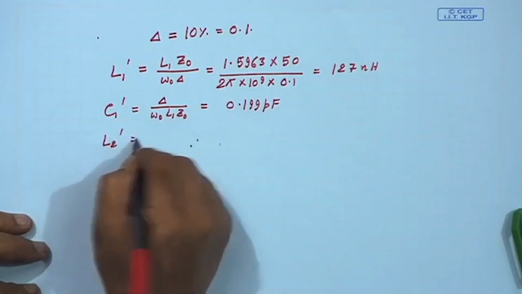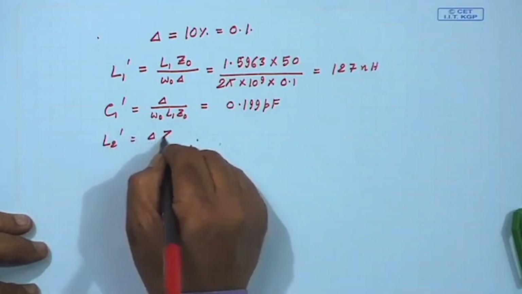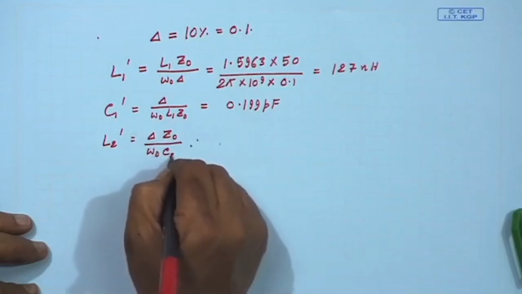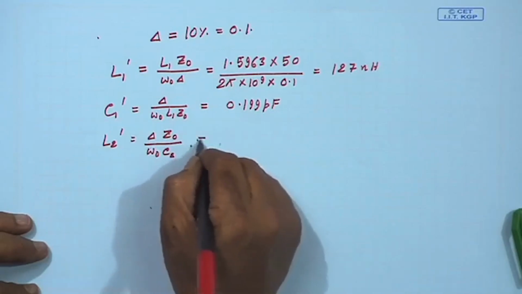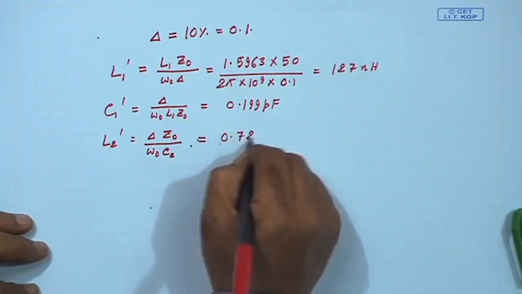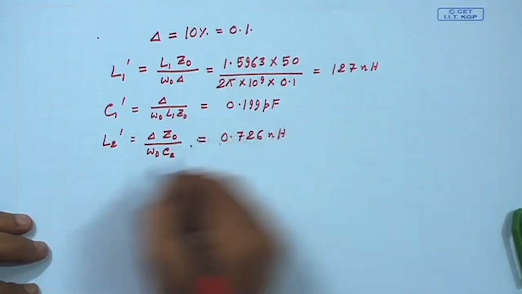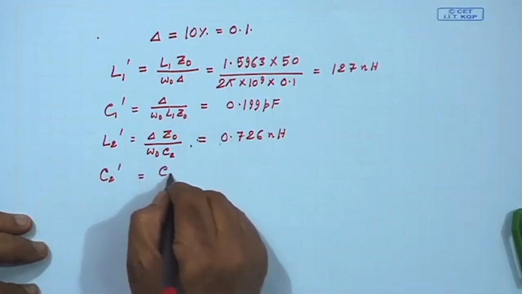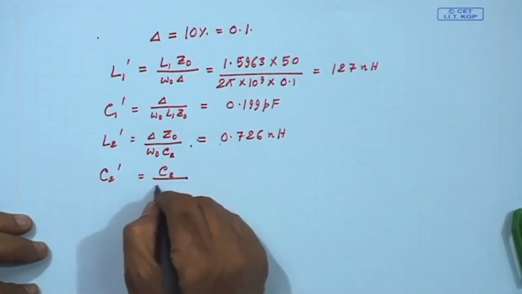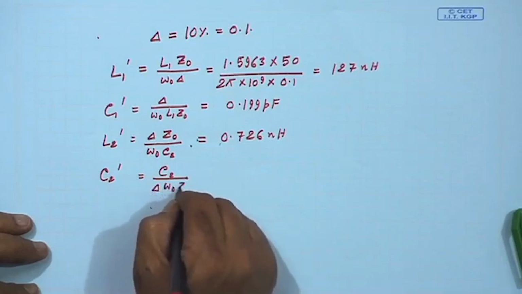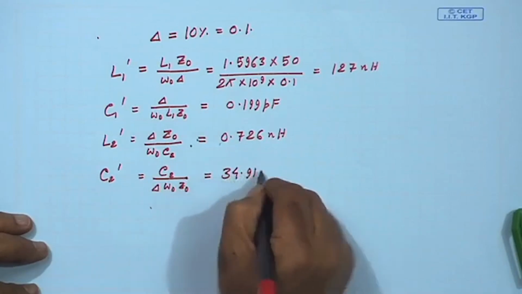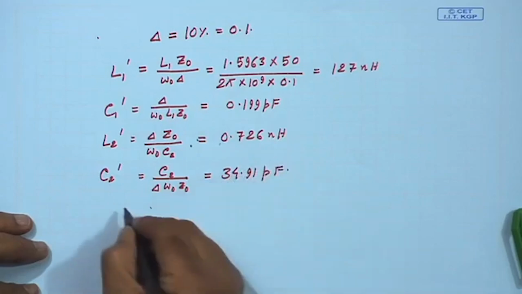L2 dashed again is delta Z naught by omega naught C2, and that will be 0.726 nanohenry, and C2 dashed will be C2 by delta omega naught Z naught, and that will be 34.91 picofarad.